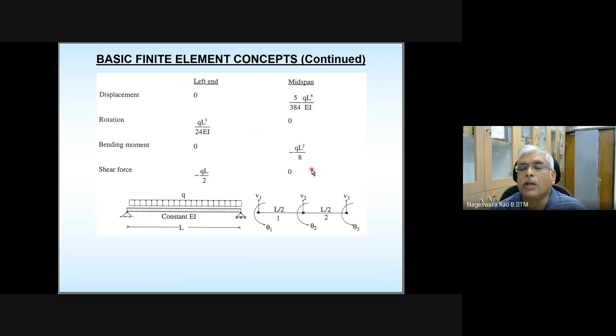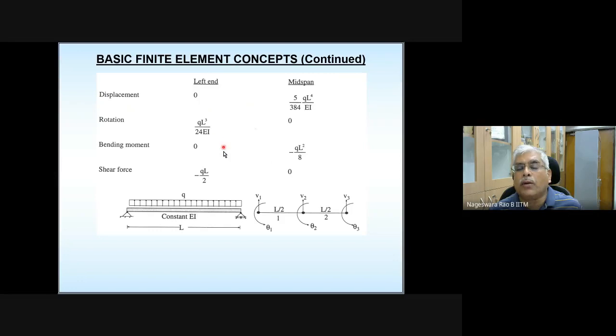So the idea of solving this problem is to use the two-node beam element that we developed, and when we try to solve this uniformly distributed load problem, whether we are going to get these solutions which we already know. These are the exact solutions for this problem.